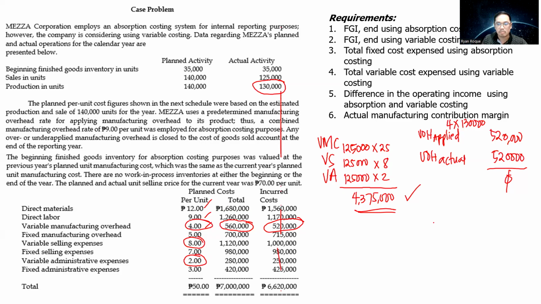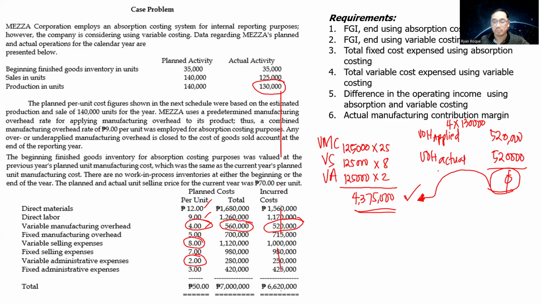Just in case there is over or under applied, that would be reflected here. If this is under applied, you have to add. If this is over applied, you have to deduct. But since there is no over or under applied, the answer here, 4,375,000, would be the final. Again, that is for both the variable and absorption costing methods.